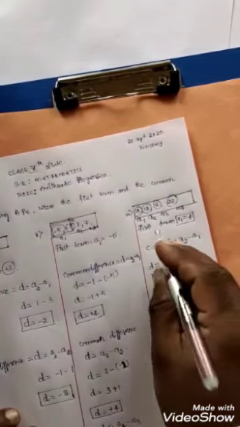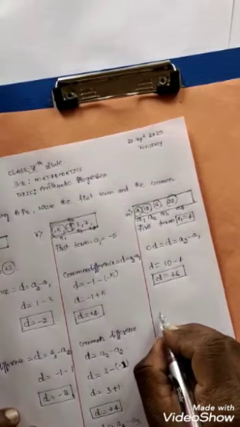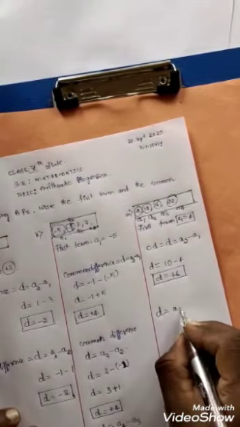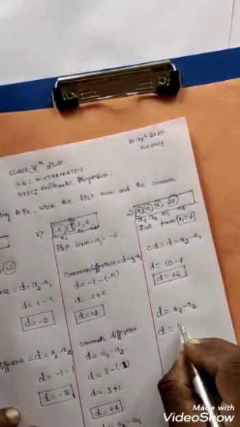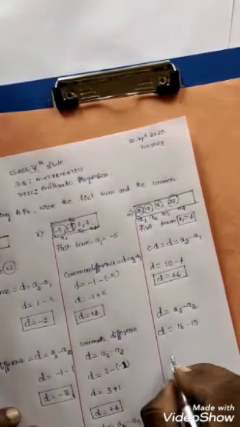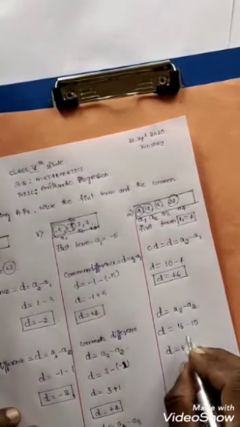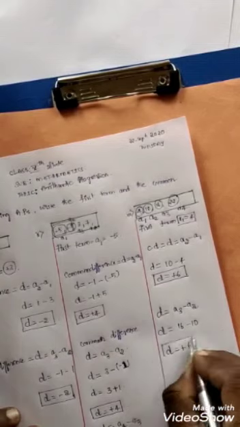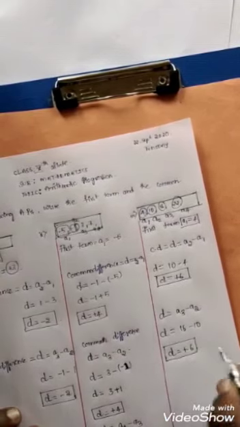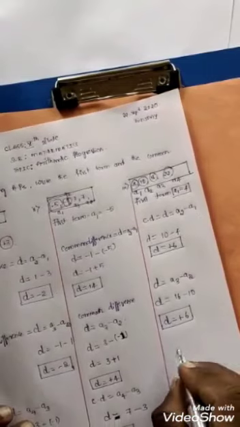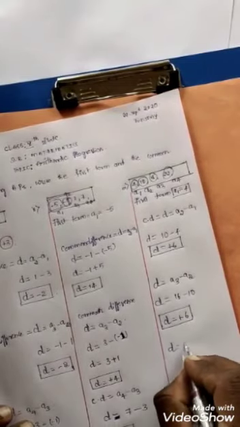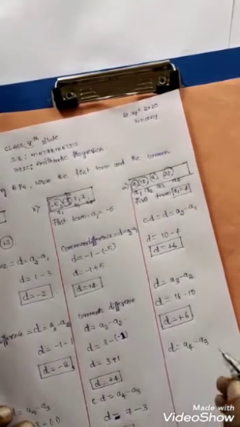I am going to check the second two consecutive terms. So d is equal to A3 minus A2. So d is equal to 16 minus 10. We get the common difference d is equal to plus 6. Again I am going to check another two consecutive terms, that is A4 minus A3.